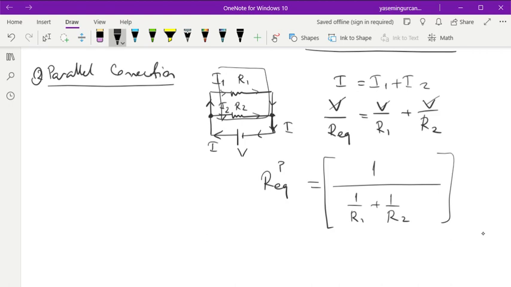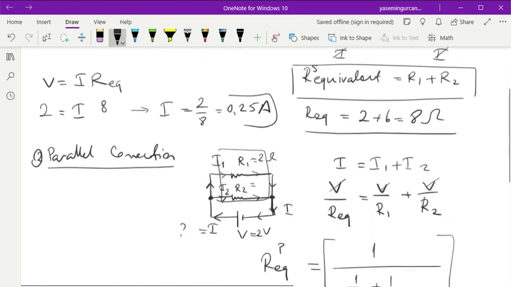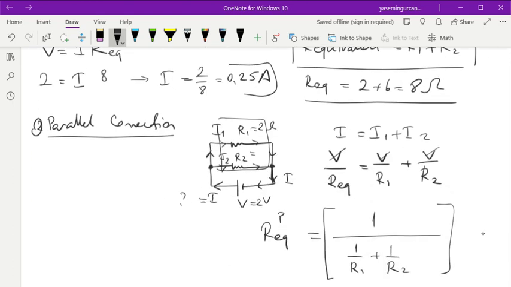So once again, let's see, if you have a 2-volt battery, what would be the current on the main branch? What is the total current for the circuit? Let's take R1 to be 2 ohm and R2 to be, what do we take, 6 ohm? I just want to show you how numerically they look different.